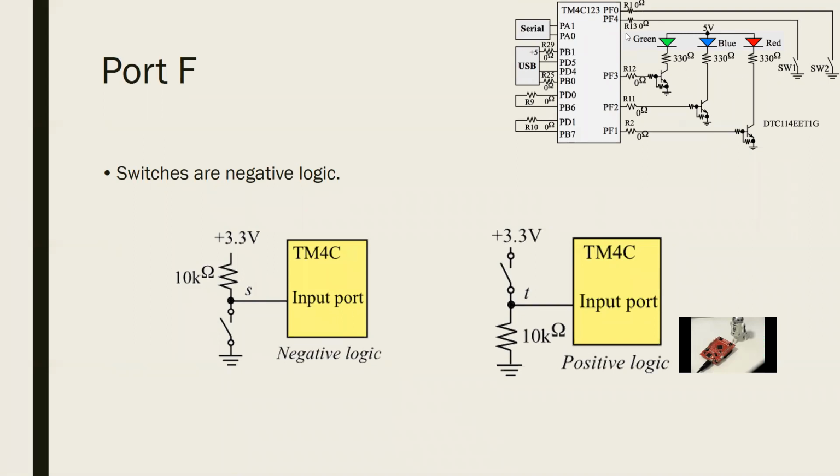Plus, we'll be configuring PF0 and PF4 as inputs because they are connected to the switches. So I'm going to be doing the initialization once and for all for both of them.